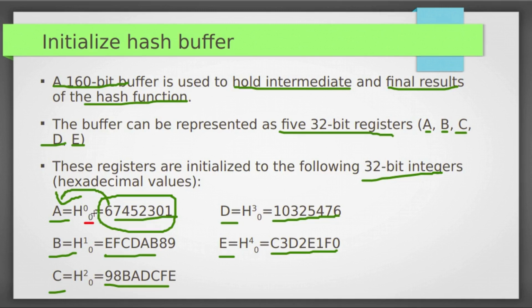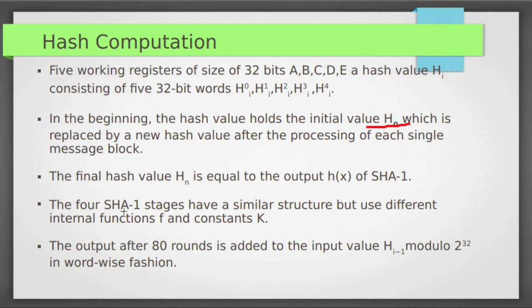For first round it will be H1. Here superscript 0 to 4 represent 0 represents A, 1 for B, 2 for C, 3 for D and 4 for E. Final hash value H of n is equal to the output of hash of that message.